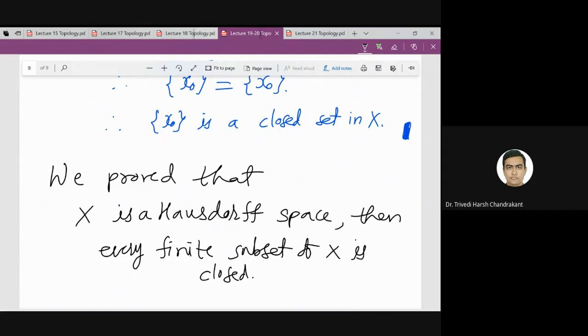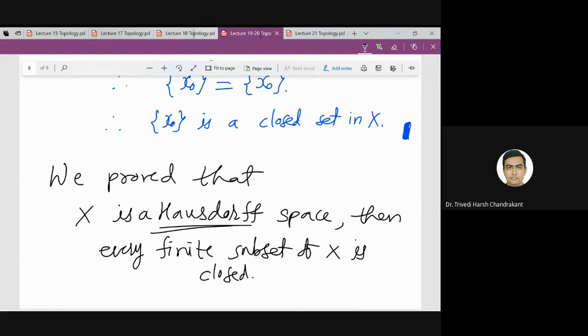But then we discussed the converse of this result. This is exactly the theorem which we proved just now. The converse fails. If I have a space whose all finite subsets are closed, it need not be a Hausdorff space.